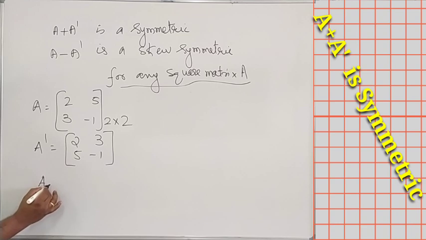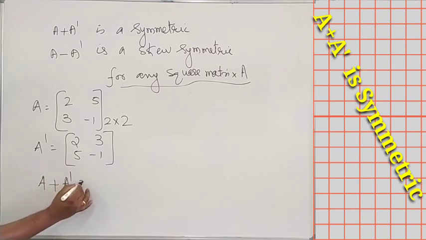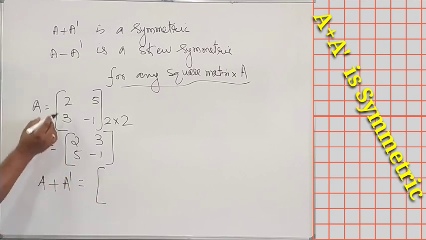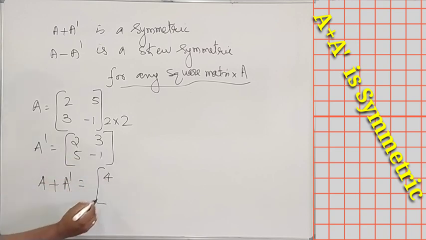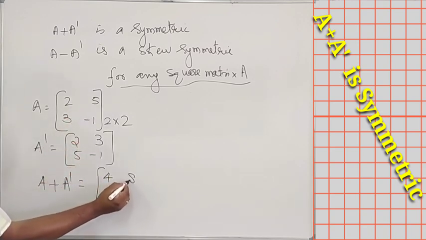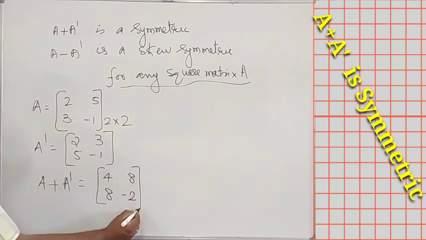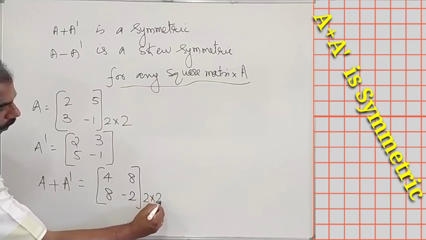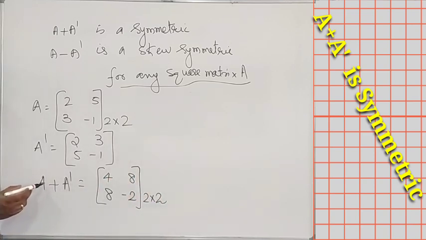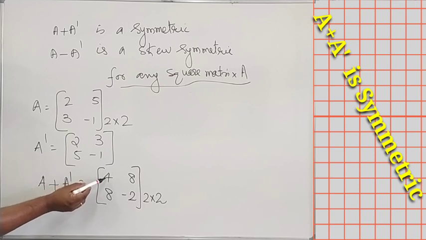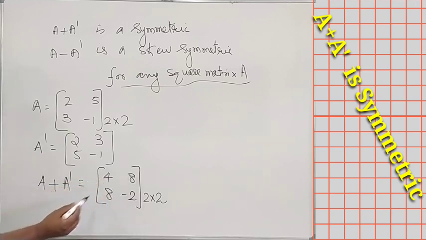We find A plus A transpose, that's equal to the matrix 2 plus 2, that is 4, 5 plus 3, 8, 3 plus 5, 8, minus 1 plus minus 1, that is minus 2. We get a 2 by 2 matrix. And we find that A plus A transpose is equal to 4, 8, 8, minus 2.